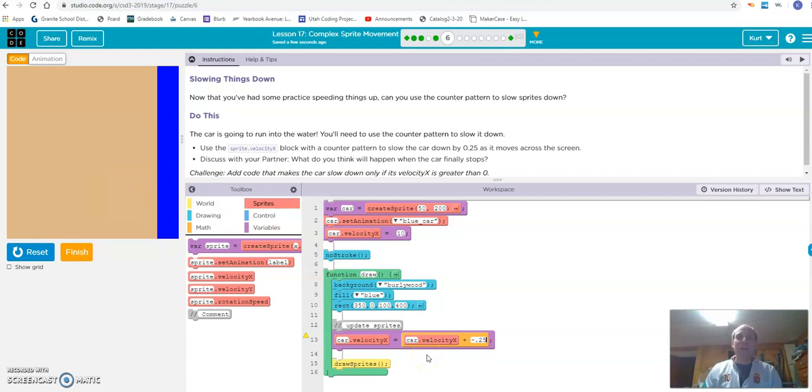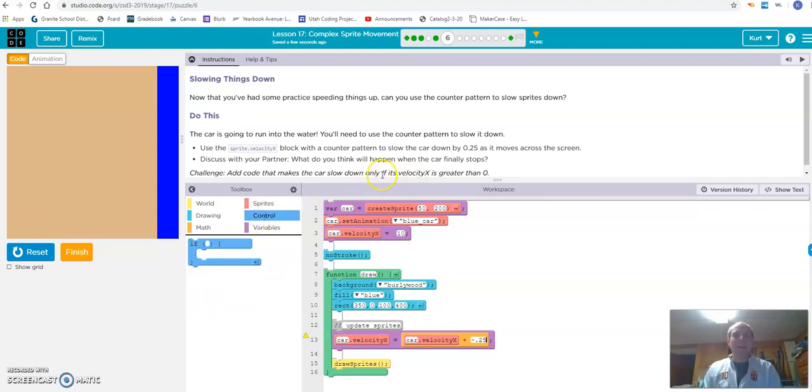The challenge here is to add code that makes the car slow down only if the velocity is greater than 0. Once the velocity gets to 0, the car is going to stop, and if we want it to stay stopped, we don't subtract from the velocity anymore once it's at 0. To do that, we need an if.